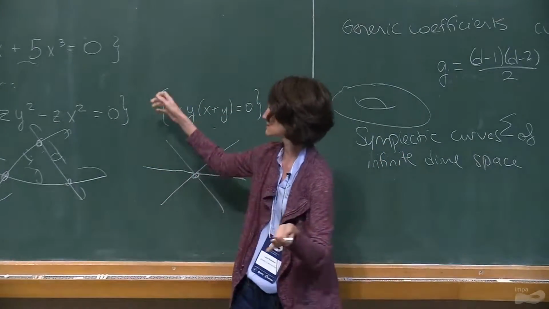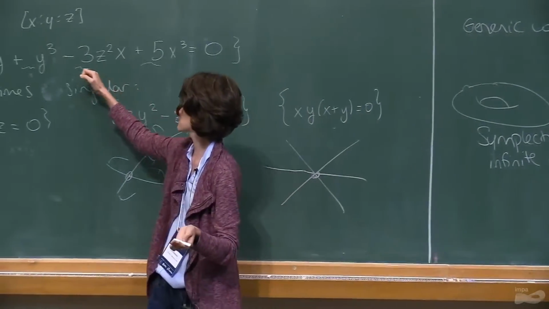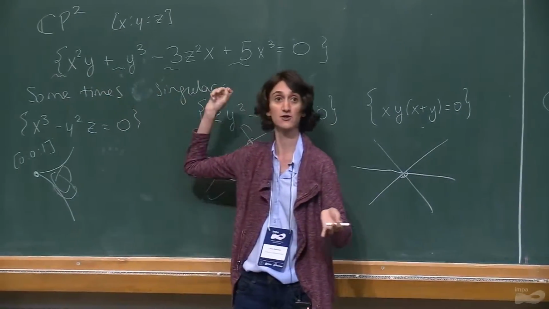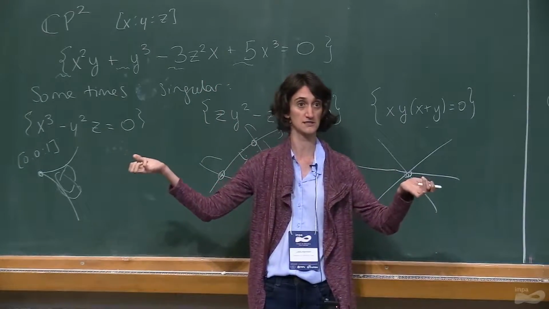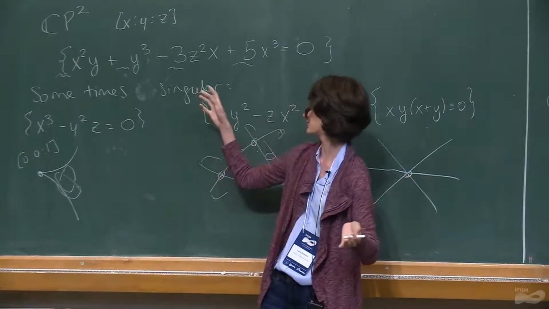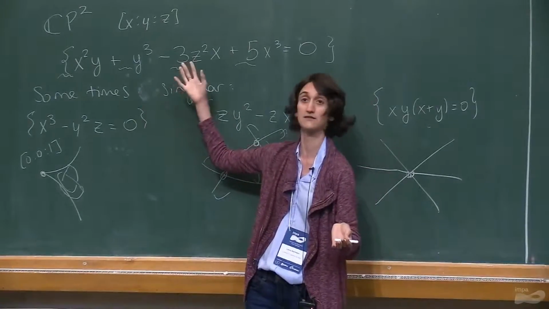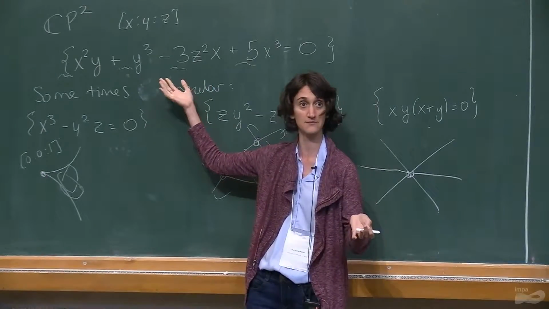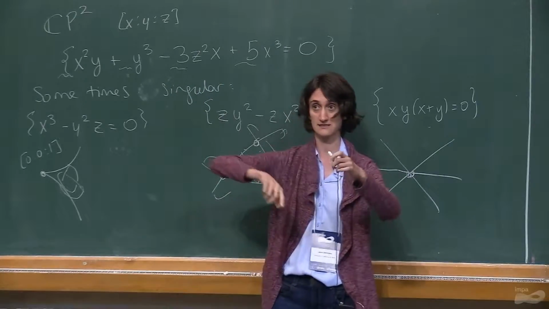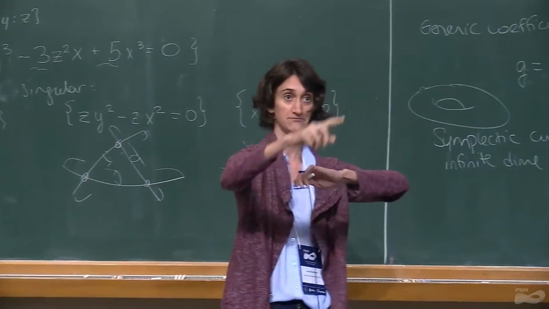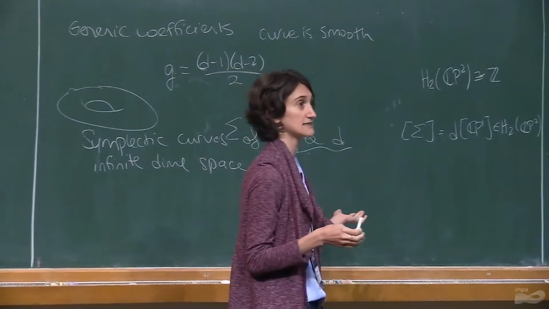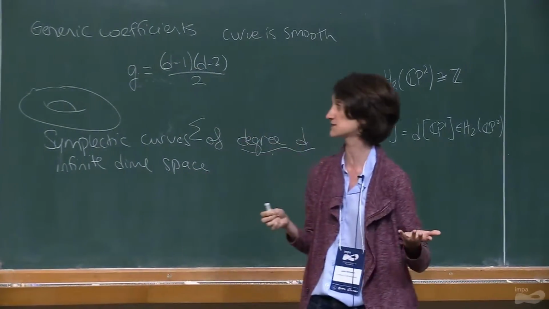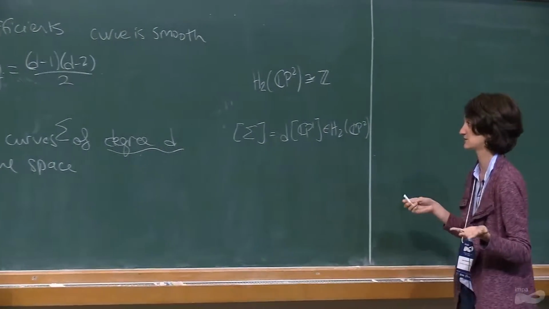And the reason is essentially I can find a family of generic coefficients connecting the coefficients for the one to the coefficients for the other. So the singularities occur with positive complex codimension, which means that I can always kind of go around them. There's no walls.